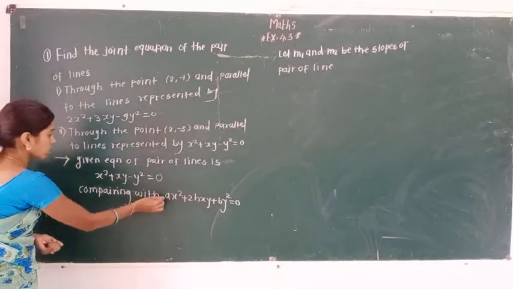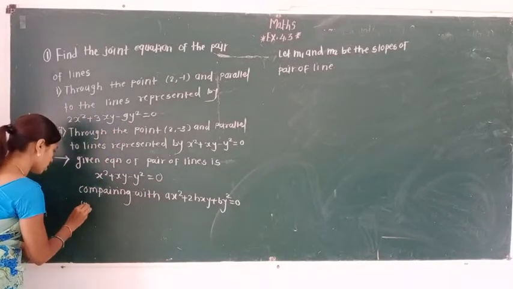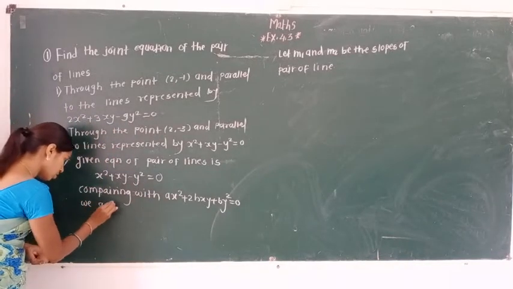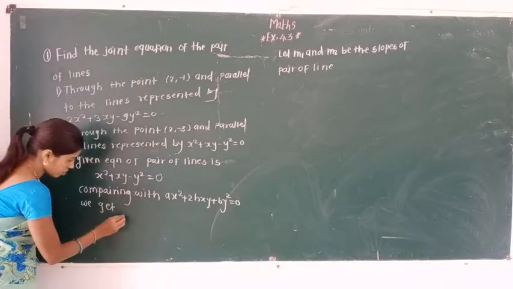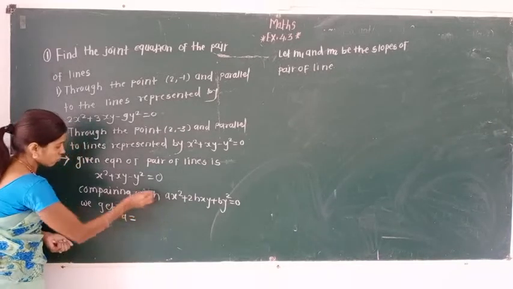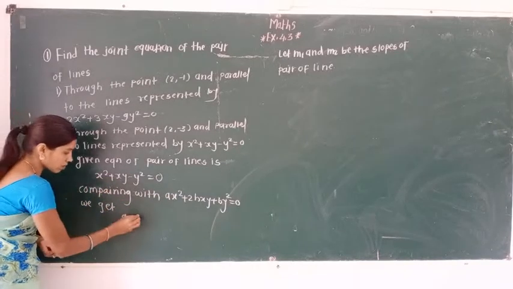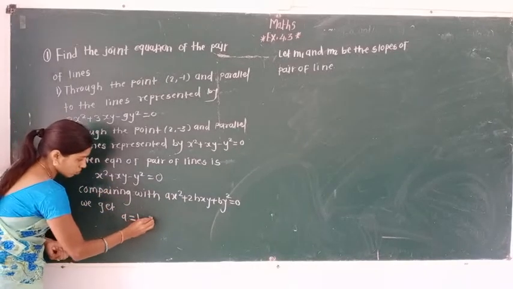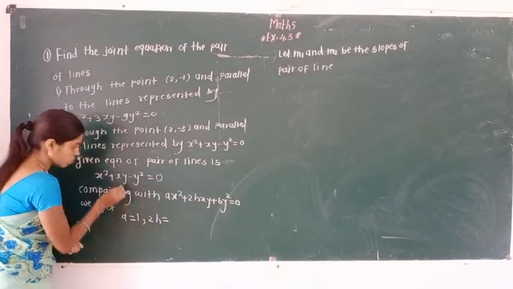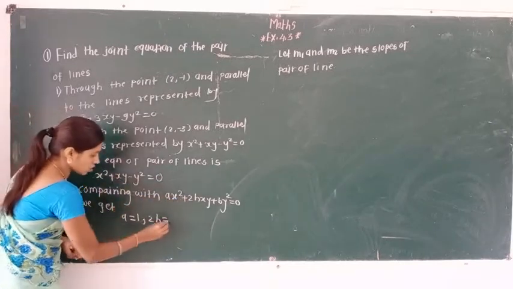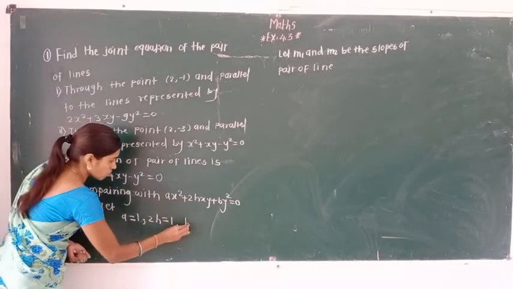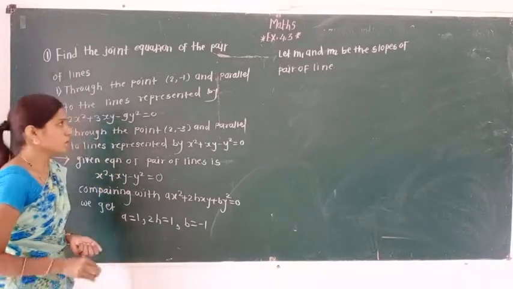After comparing these two equations, we get the value of a: the coefficient of x square is 1. The value of 2h is 1, and the value of b is -1.